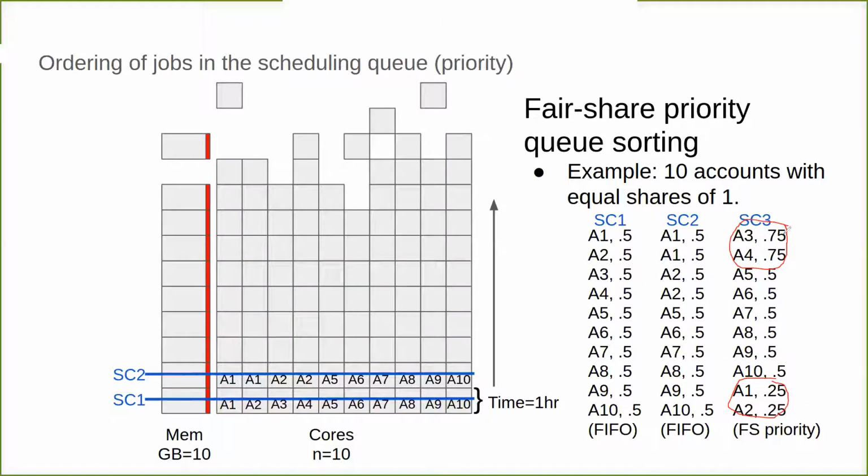So now, whenever the scheduler is going through the queue trying to place things, accounts 3 and 4 will be the first in the queue.